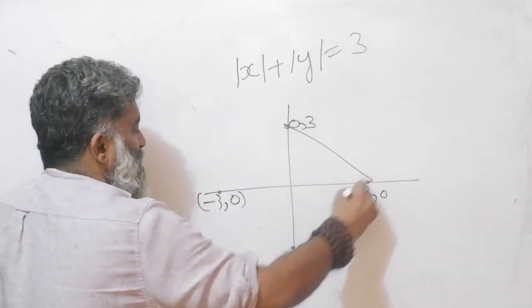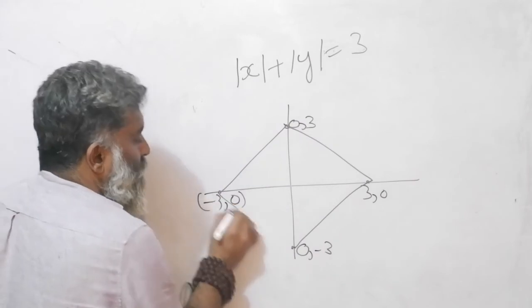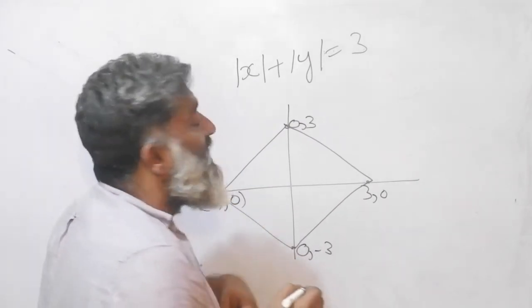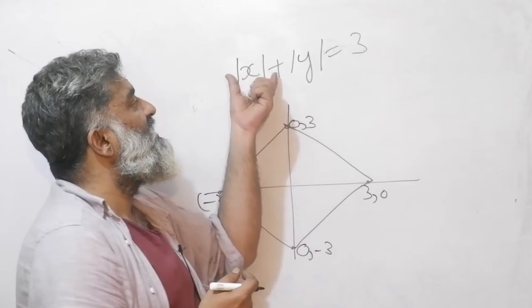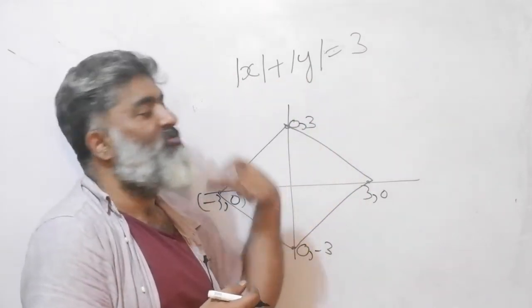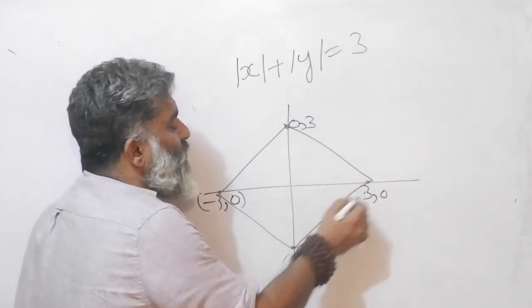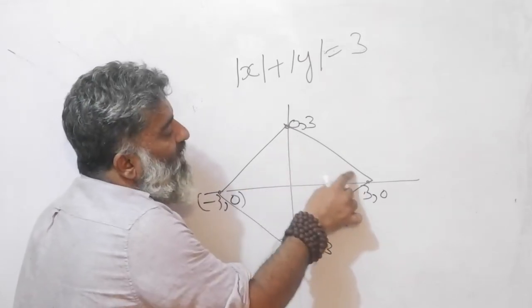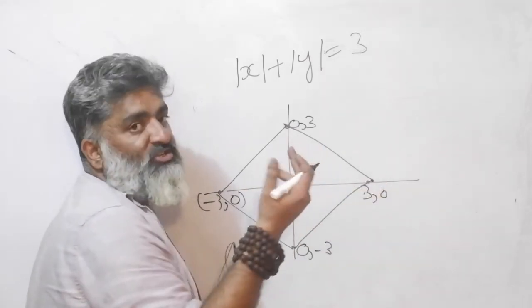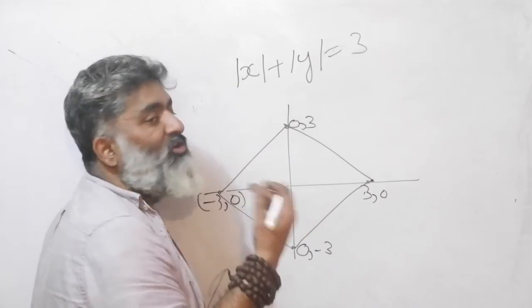The shape is so. And my question is once again, how many integer solutions satisfy this equation? Just like these 4 points satisfy this equation, any integer point on the line will also satisfy.